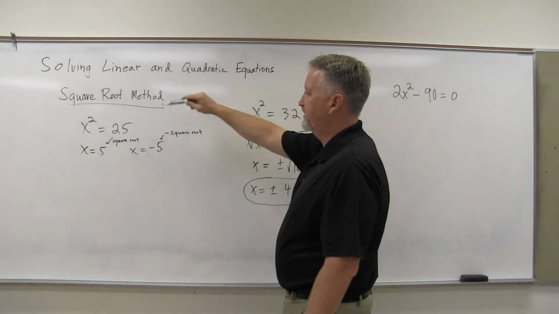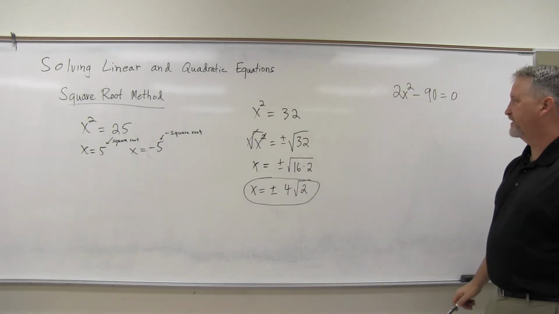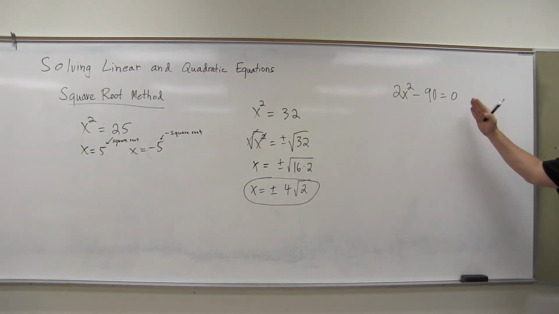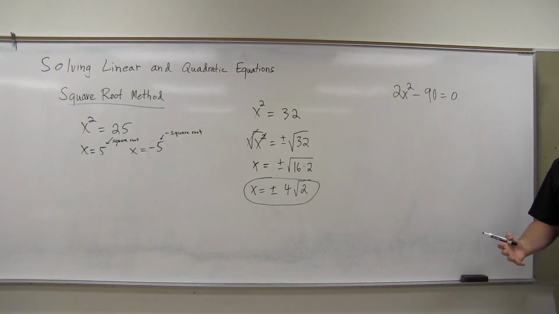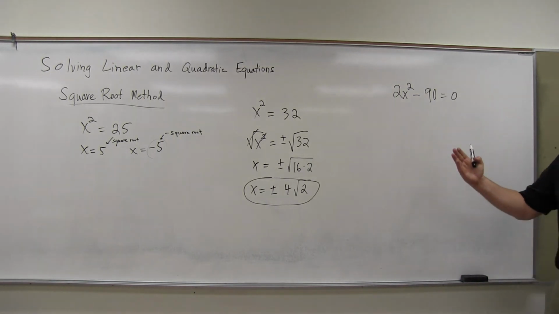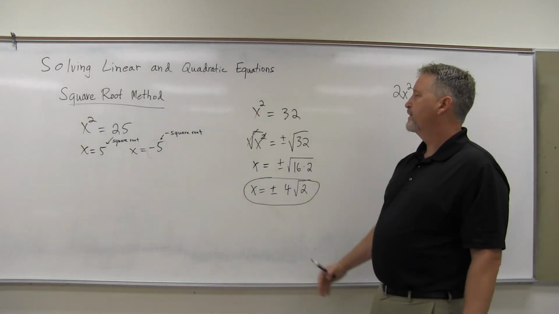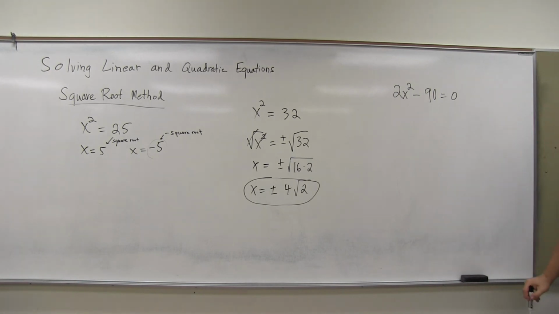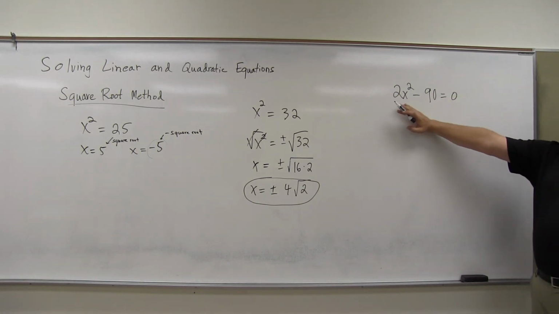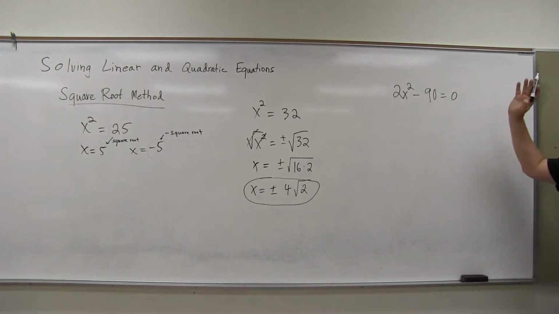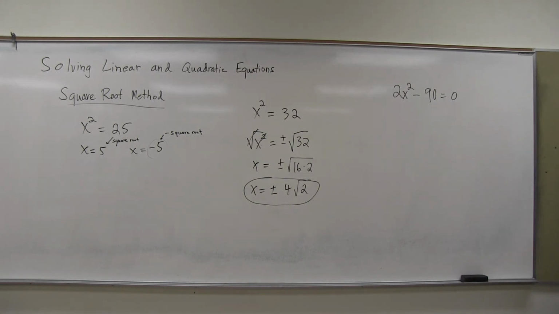I don't want one side 0 when I use the square root method. I want one side to be a number. What I really want is one side to be x squared or something squared. So if I was factoring that, yeah, that would be the way to go, but we'd run into a bit of a problem if we tried factoring it. So let's use the square root method on this.